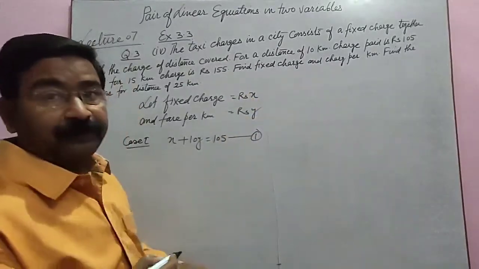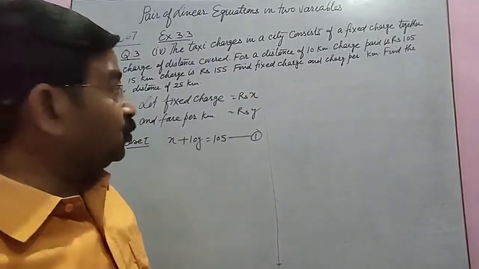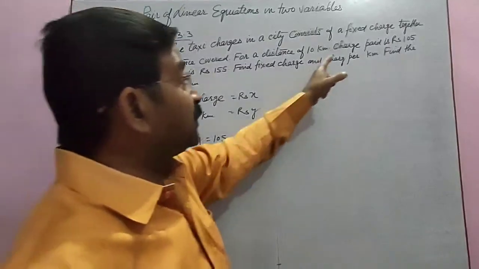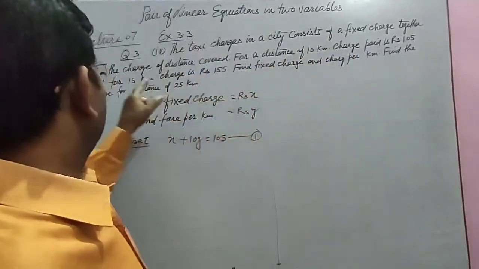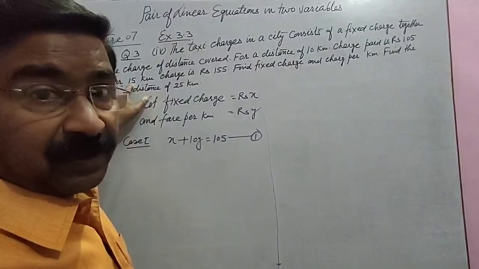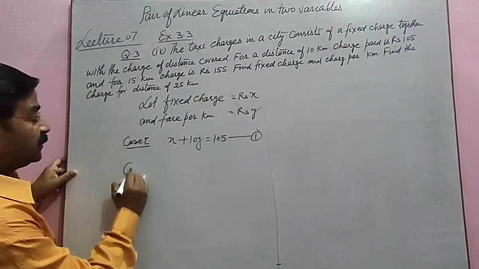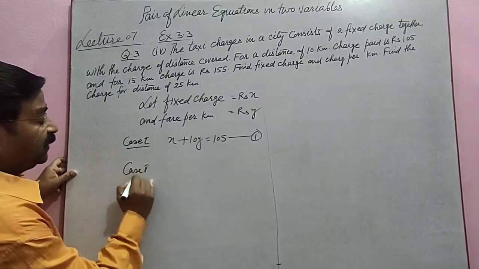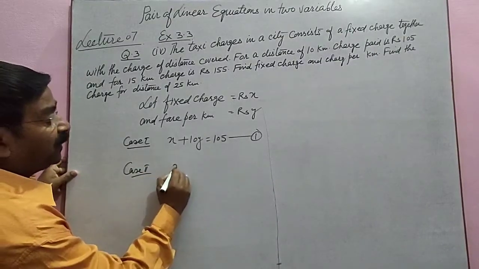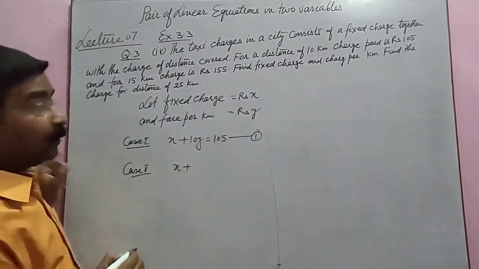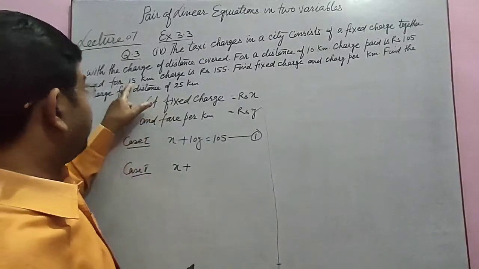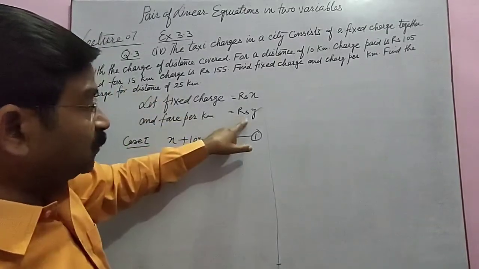Equation number 1. In the second situation, the person hires the taxi for 15 kilometers. So in the second case, he will have to pay X rupees fixed charge plus Y rupees per kilometer.